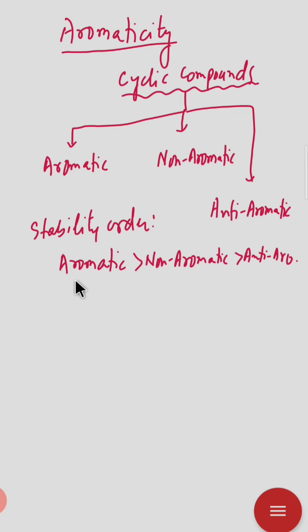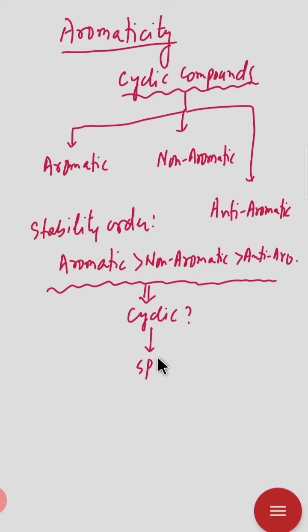Okay, so how can we define aromatic compound or anti-aromatic compound or non-aromatic compound? What we need to check is, first of all, whether the compound is cyclic or not. If this is cyclic, then we must check hybridization, whether all the atoms in the ring are sp2 hybridized or not.